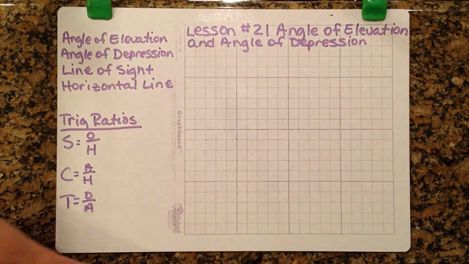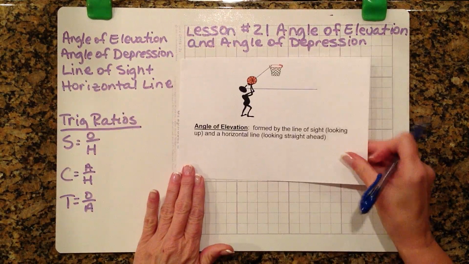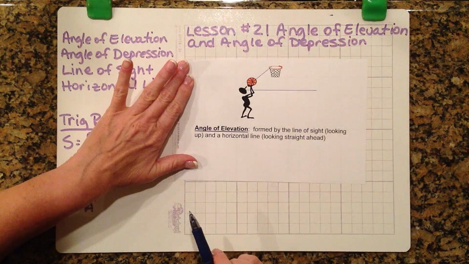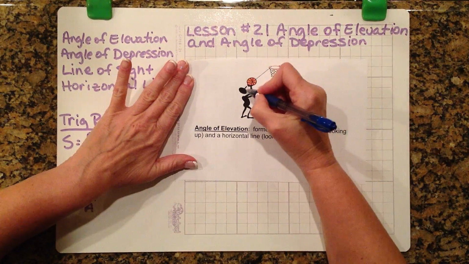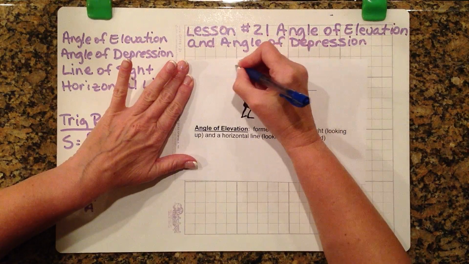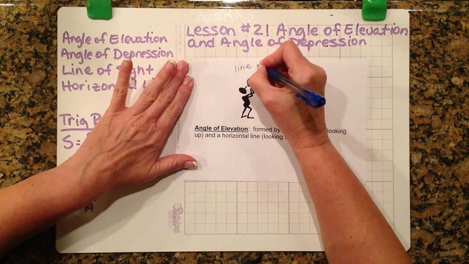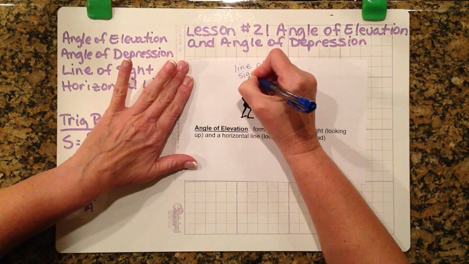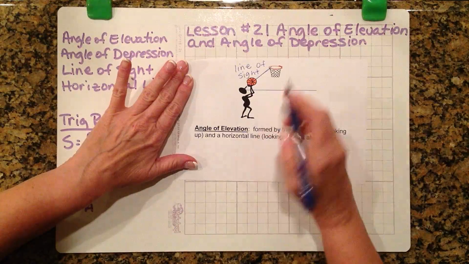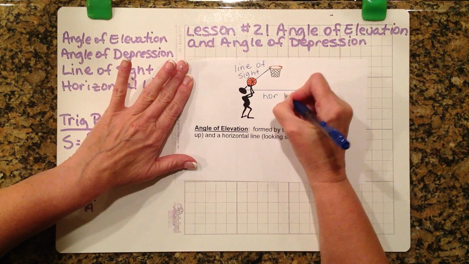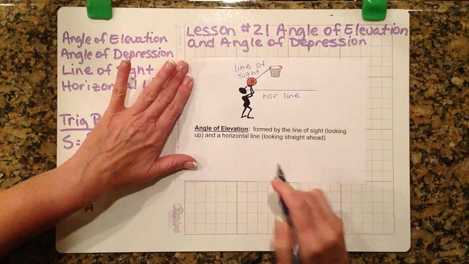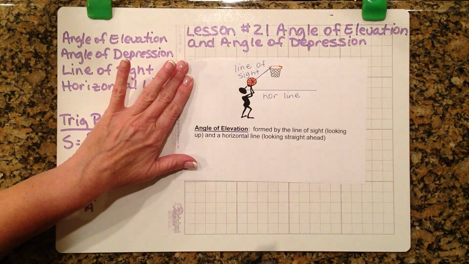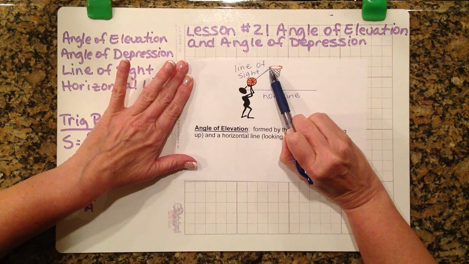All right, let me show you another example. So if you're a basketball player and you're going to shoot a hoop right here, if you notice, here is your line of sight. And this is your horizontal line, right there, if you're looking straight ahead and you're looking up at something.